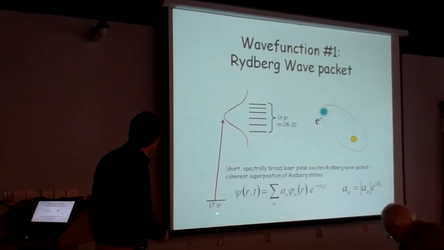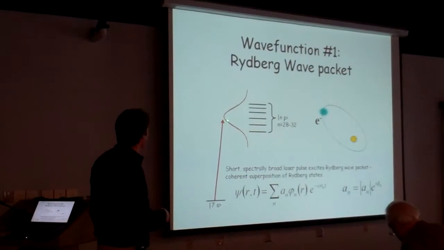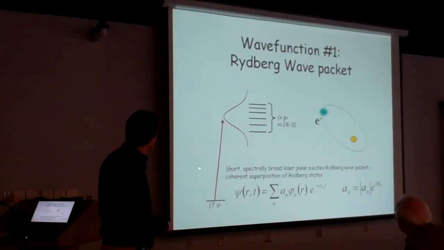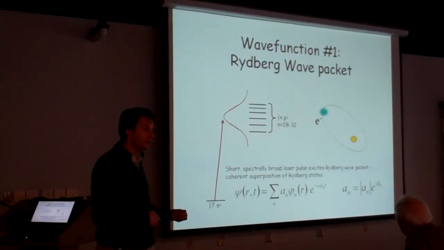But from this state then, we're going to launch an electronic wave packet by shining a short laser pulse whose bandwidth spans several eigenstates of the atomic Hamiltonian. What that means is that I'm going to make a dipole transition from this state to this state, and this state, and this state, and this state, and this state at the same time, because I've got bandwidth to do that.